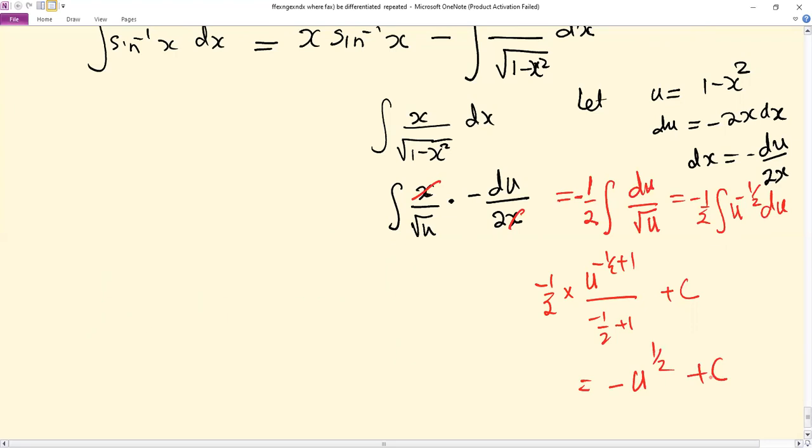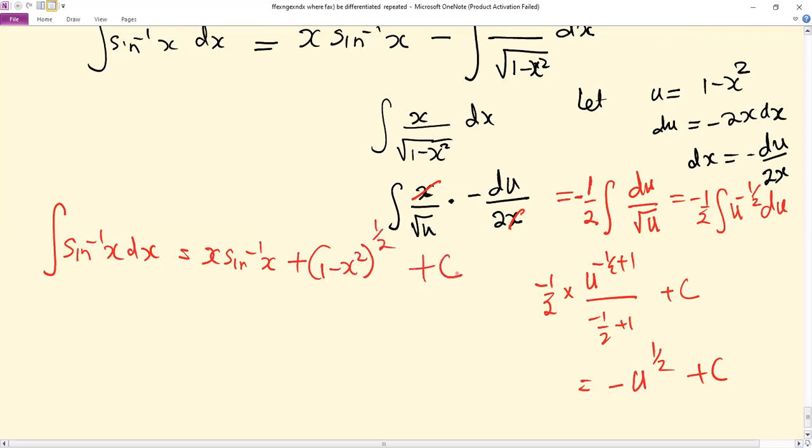But remember, u is 1 minus x squared. So therefore, the integral of sine inverse of x dx will be, here we have x sine inverse of x. Now this minus and this minus will be plus, so plus 1 minus x squared raised to a half, and then plus c.